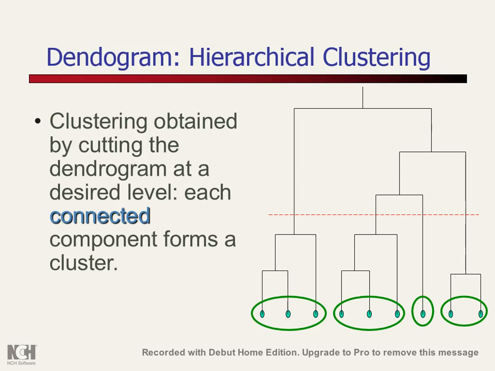If you cut here, you will have how many clusters? 1, 2, 3, 4. You will have 4 clusters. If you put the cutting at this level, for example here, then you will have 3 clusters, right? So you can generate the number of clusters you want by just moving your cutting line on the dendrogram. Okay. Any problems?